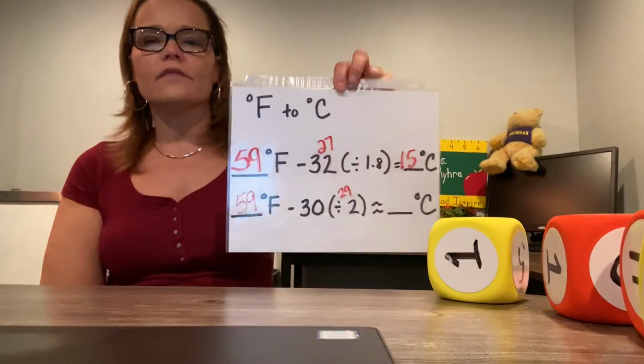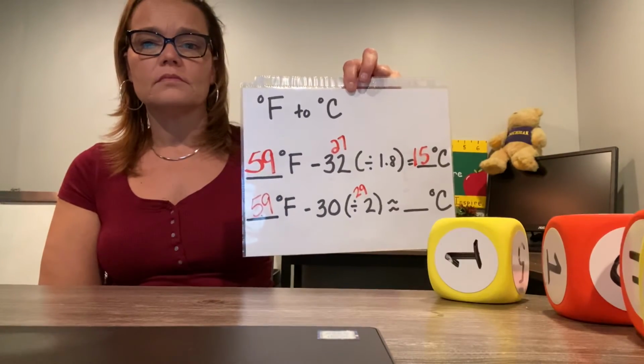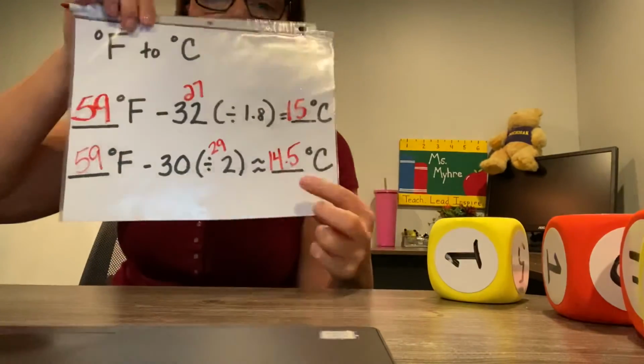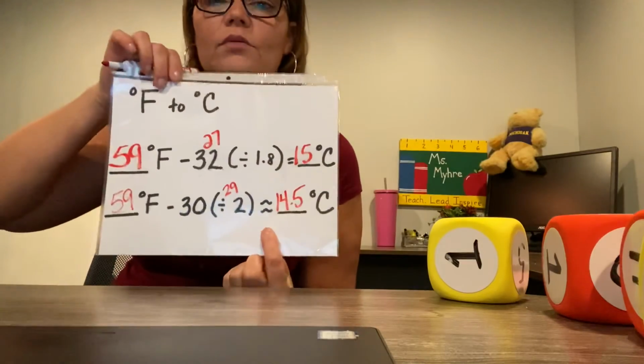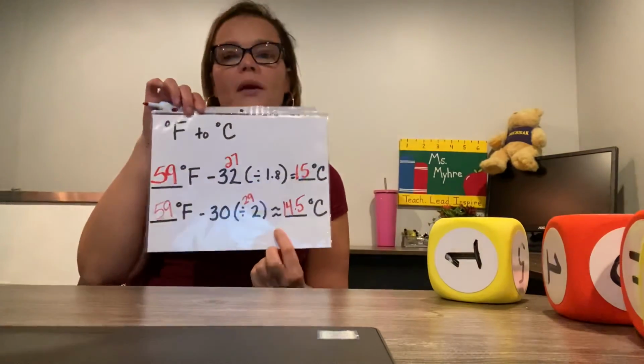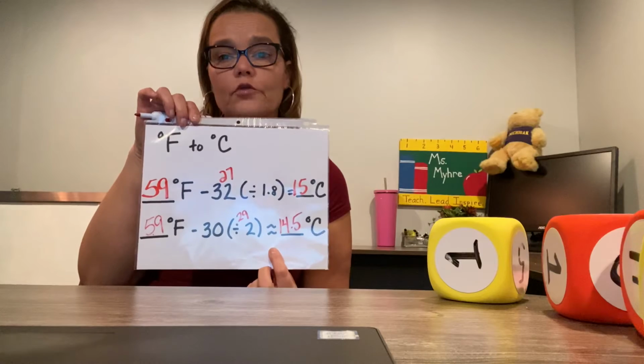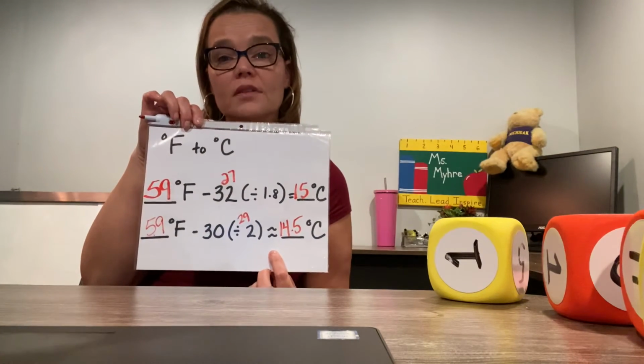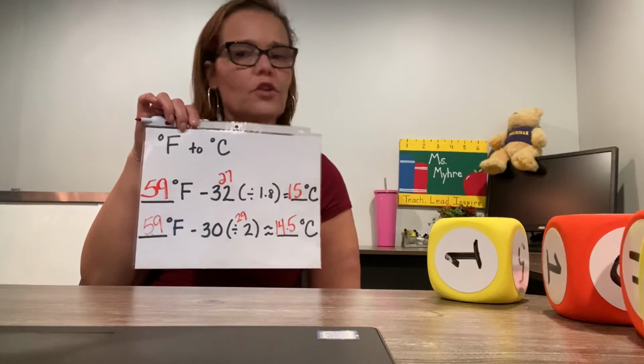And 29 divided by 2 is 14.5, or 14 and a half. So again, the squiggly lines for the equal sign means about. So the about temperature for this formula is 14 and a half degrees, and you can see that it's off by just a half of a degree.